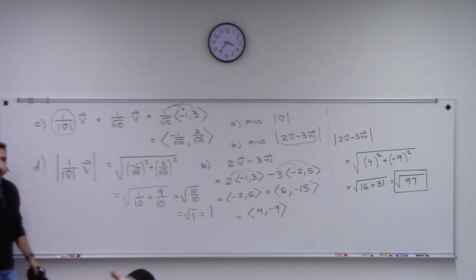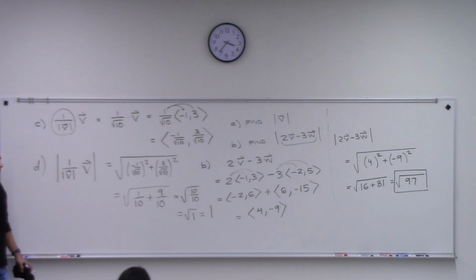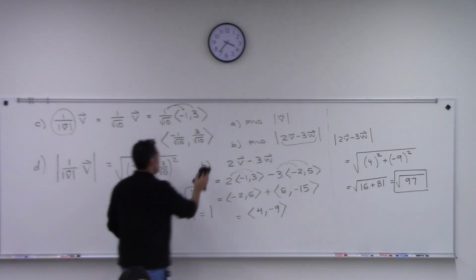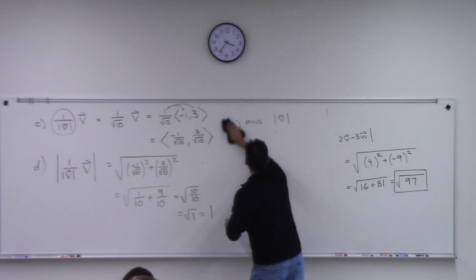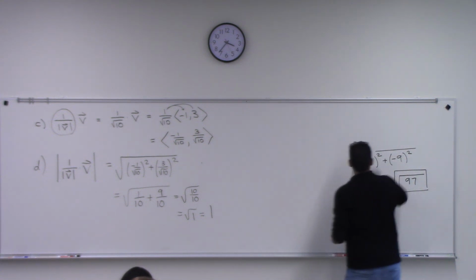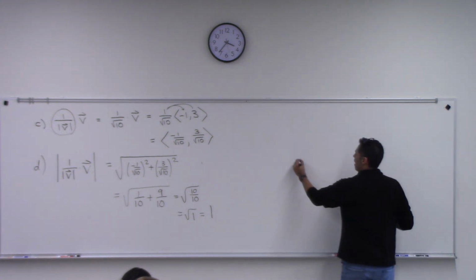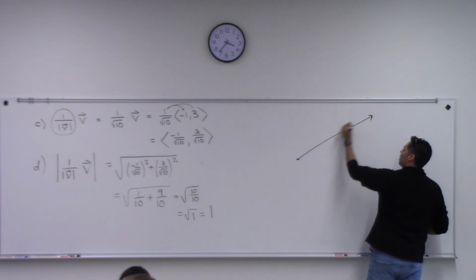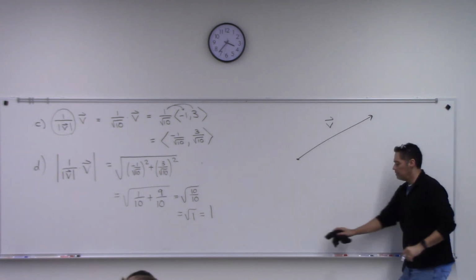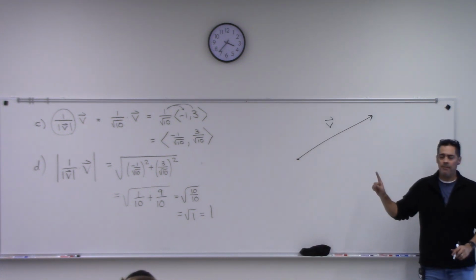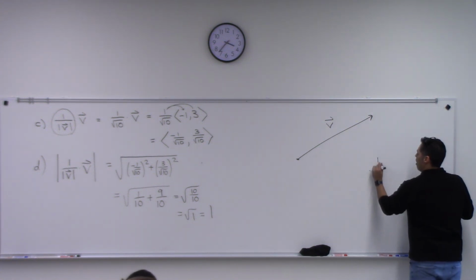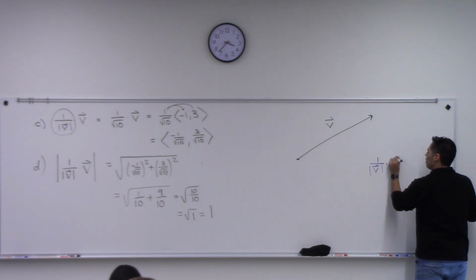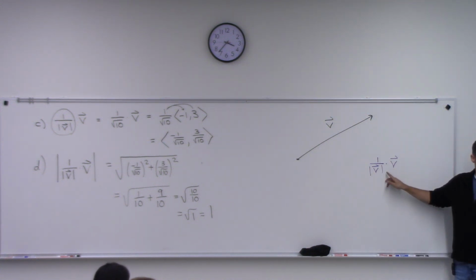We're going to cover this next time we meet. It turns out that if I give you any vector, let's say I start with a vector like this. I call that vector v. It doesn't matter where it is. If I start with that vector, and then I take 1 over the magnitude of v times that vector, that creates a new vector.